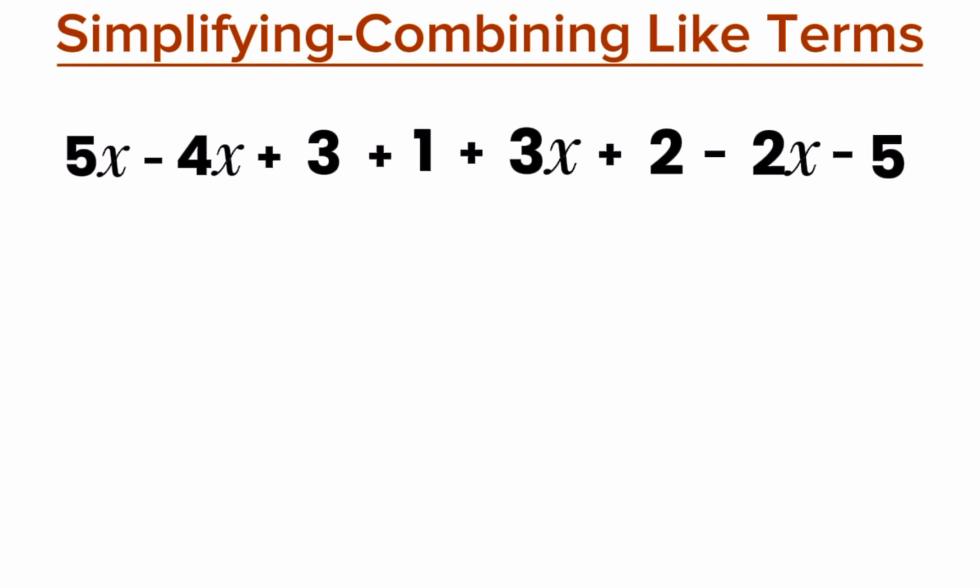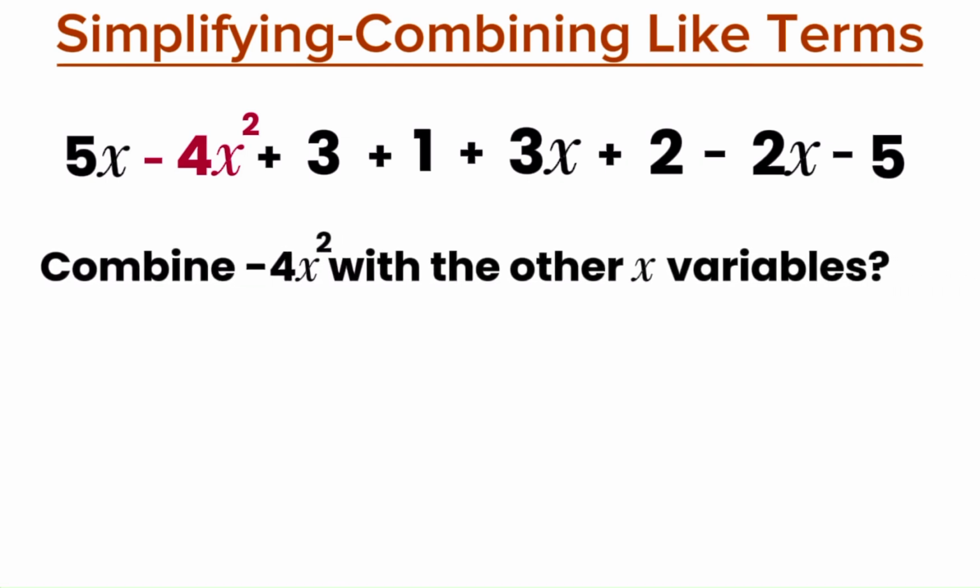Now let's make things a little more interesting. This time I'll turn minus 4x into minus 4x squared. Now that x is squared, what do you think happens? If you guessed combining minus 4x squared with the other x variables, you'd be wrong.